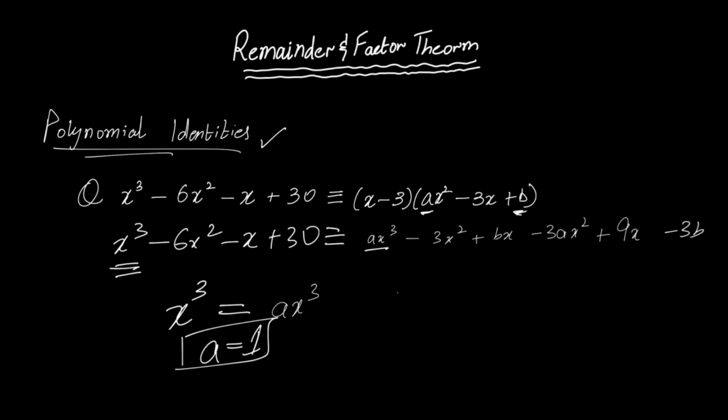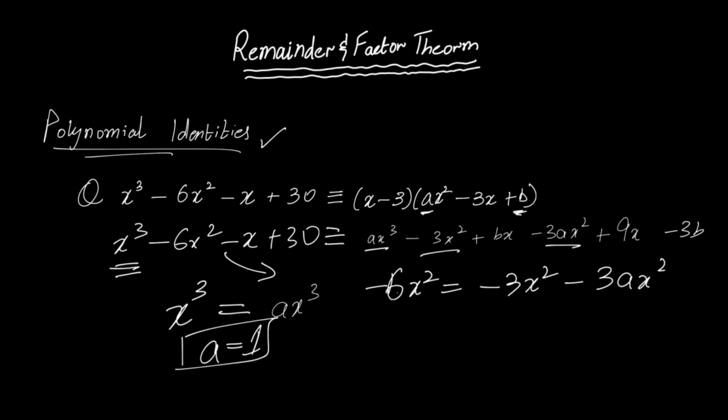Now let's take the x square. So minus 6 from this side will be equal to minus 3x square minus 3ax square.